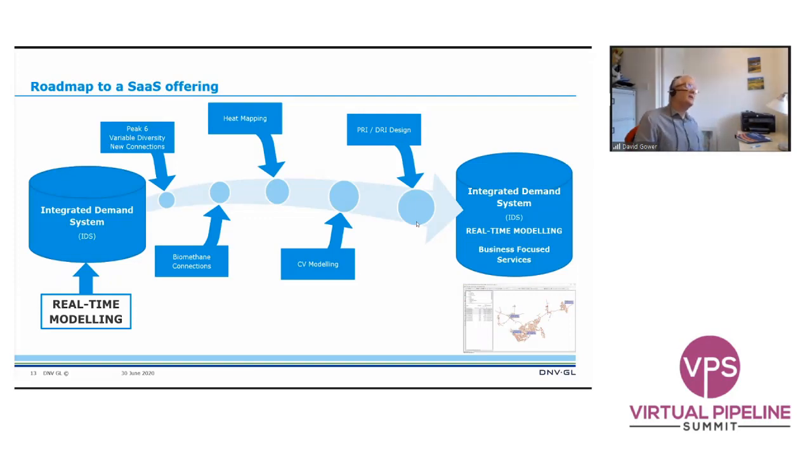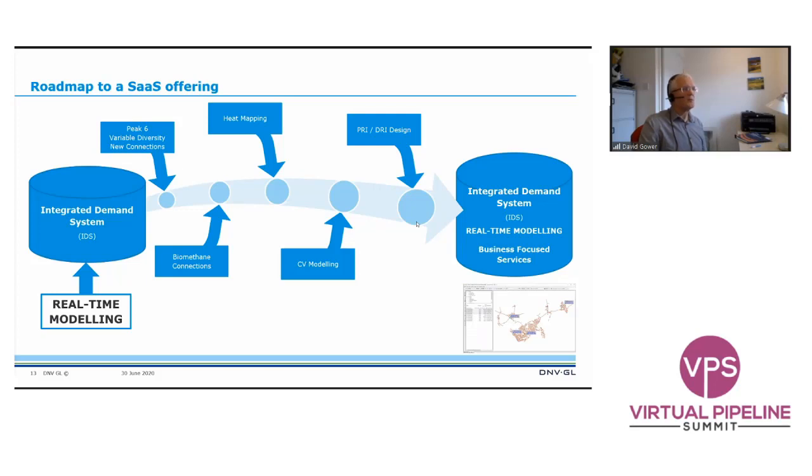Now, all of this is being developed to fit into one of our existing systems, the Integrated Demand System, IDS. That is a currently produced tool that handles consumer data and enables that data to be used within network analysis.